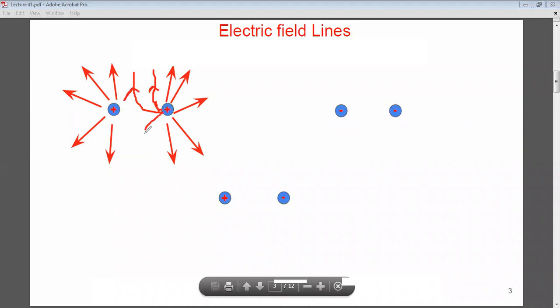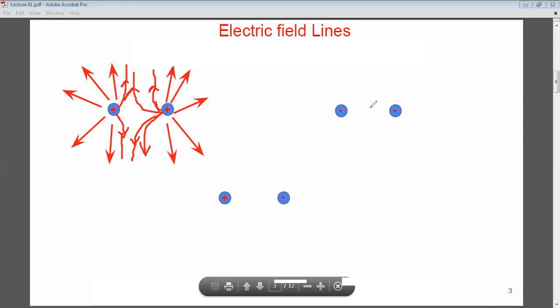The same thing will happen in this direction, and the same thing will happen for the second point charge. I'm sorry the drawings are not perfect because Zoom doesn't allow me to draw very nicely, but this is how they will look. It's outward completely from the other side, but on the side where they are close to each other, they will be outward and away, so they don't cross each other.